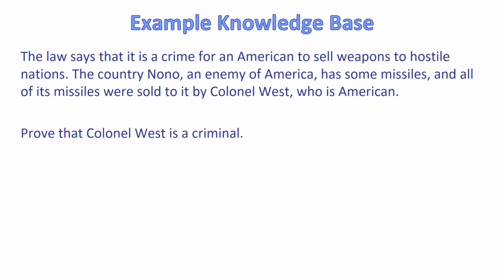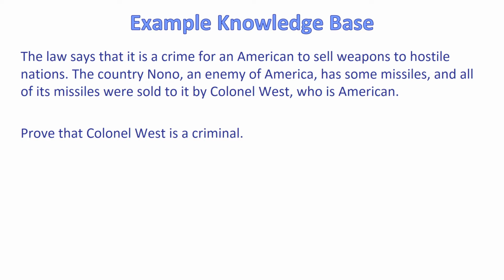entailment. The knowledge base says that the law says that it is a crime for an American to sell weapons to hostile nations. The country, called Nono here, an enemy of America, has some missiles, and all of its missiles were sold to it by Colonel West, who is American.